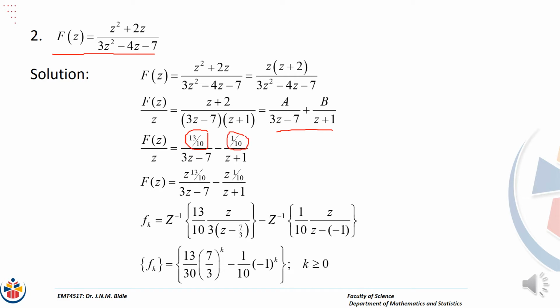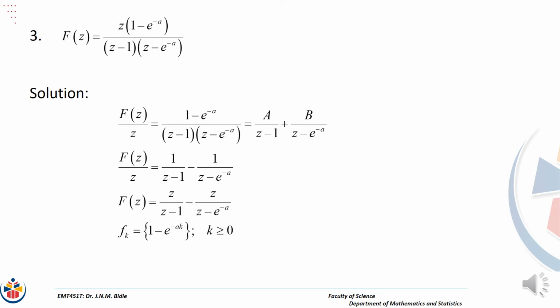Either manually, algebraically, using pen and paper, or you may use any software, Mathematica or MATLAB. Once again, we will need to use the partial fractions because on the Z transform tables we don't have a product of 2 terms in the denominator.